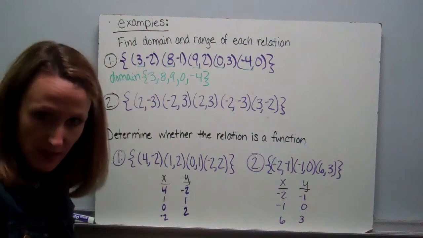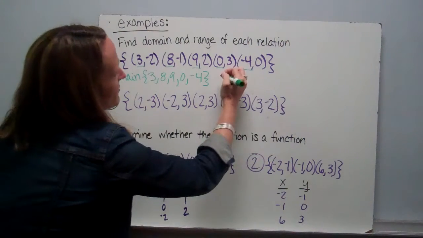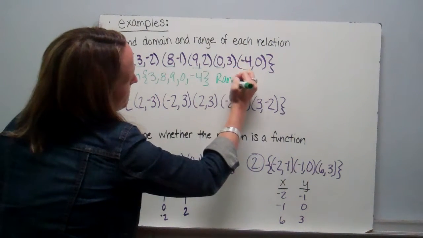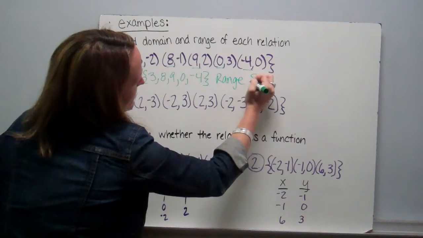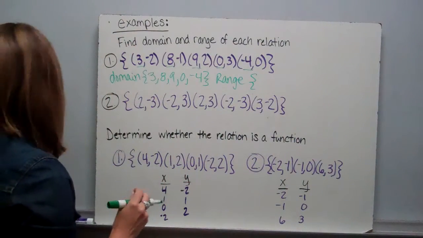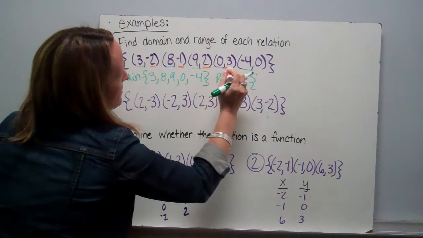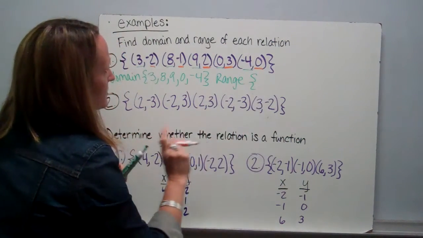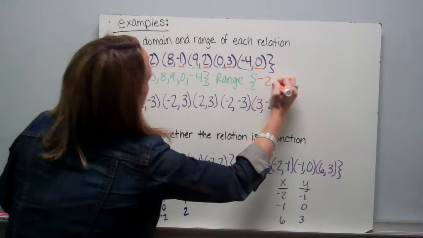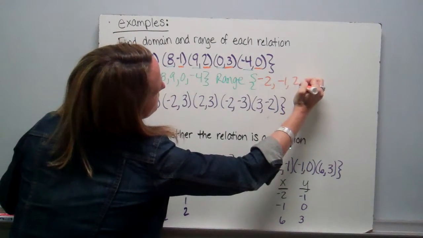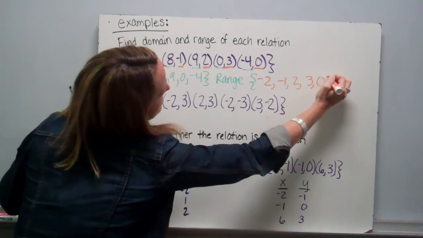Okay, the domain again is the x value. So then if we look for range, we're talking about negative 2, negative 1, 2, 3, 0.